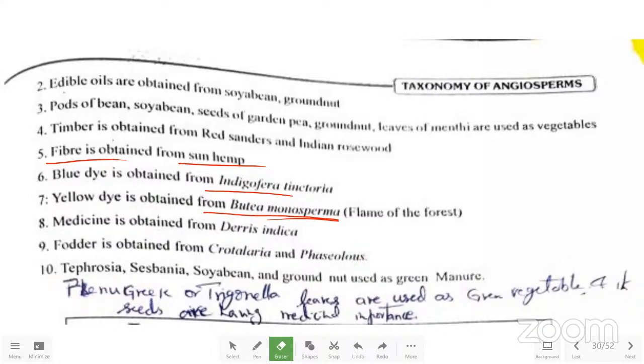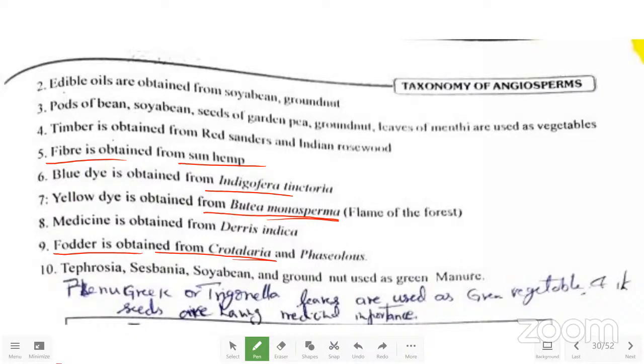And fodder is extracted from Crotalaria, that is for the animals. Fodder means the leaves which are given to the animals to graze.